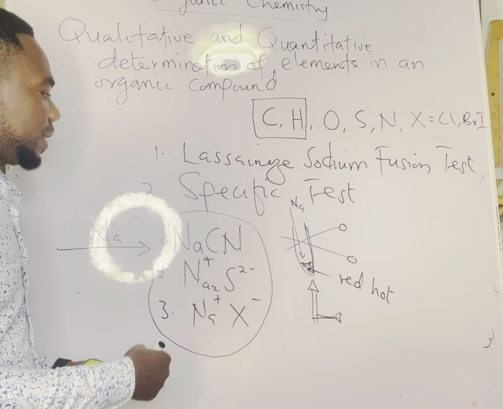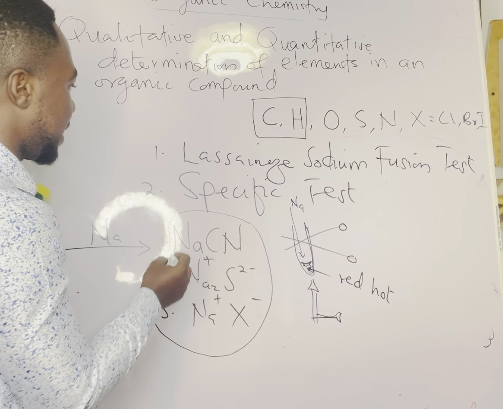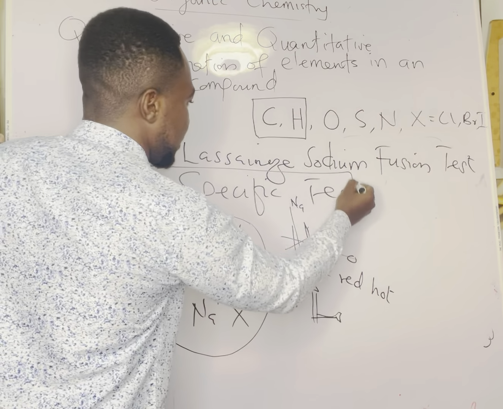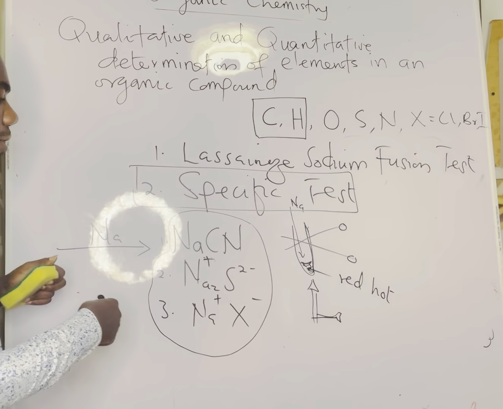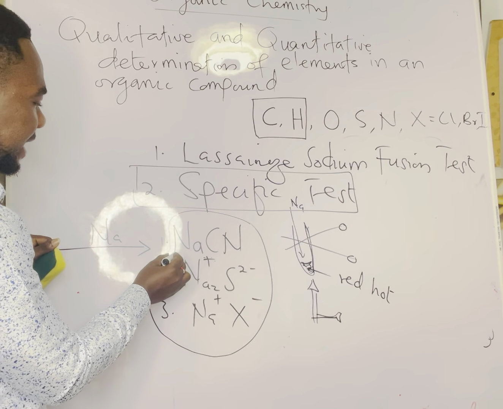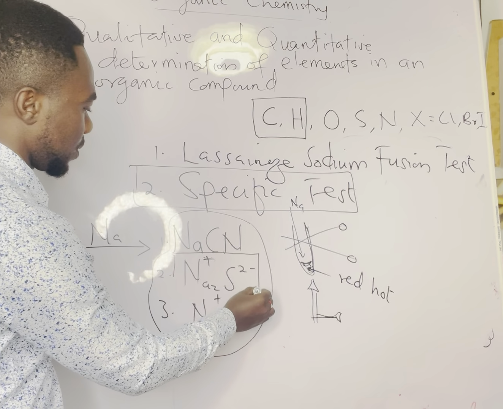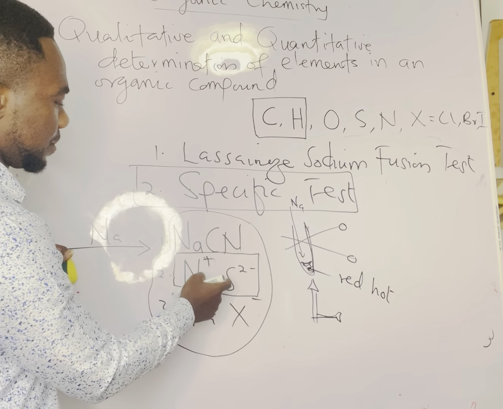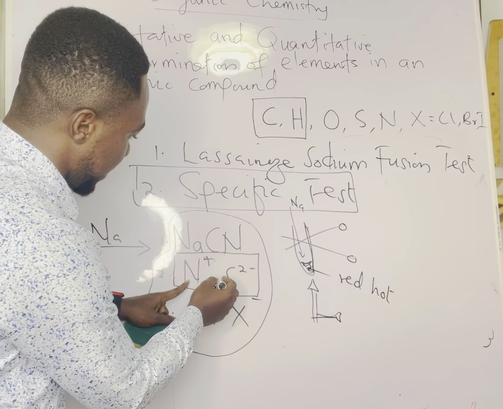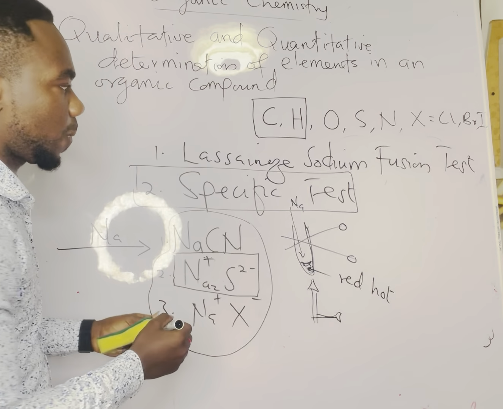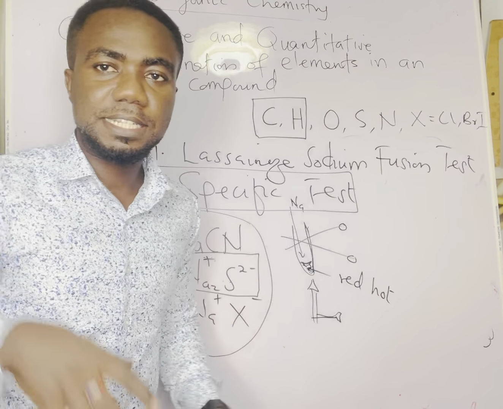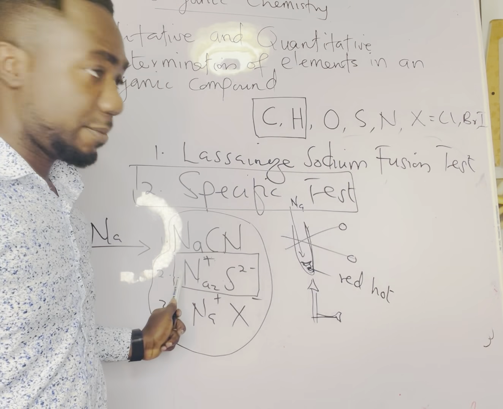Now, to determine sulfur, we come to the specific test. For the specific test for sulfur, we take the number 2, the sodium reacting with the sulfur. Then we do the specific test on the number 2.